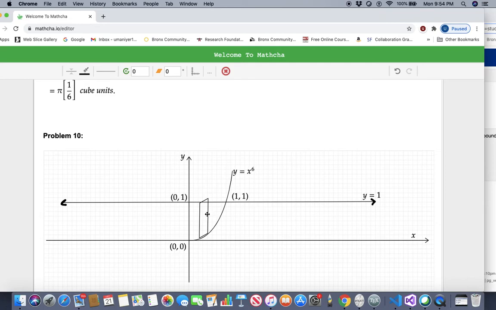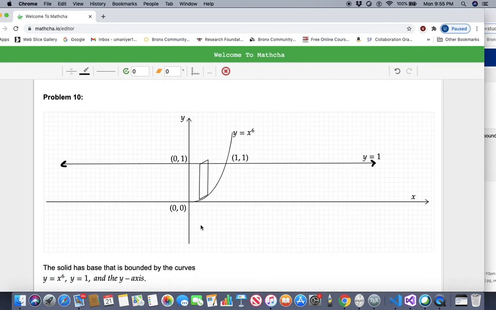It might be difficult to visualize, but imagine this particular flat region on the bottom and squares sitting on top of it. Infinitely many squares. Large square of side length one, smaller side length, smaller side length, and so on. So vertical cross sections are squares.